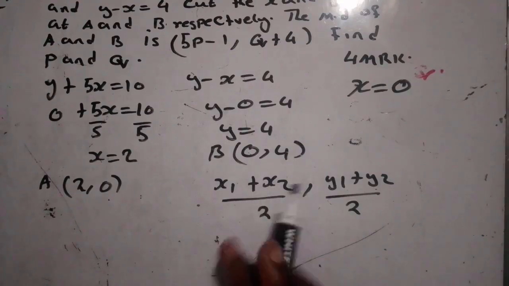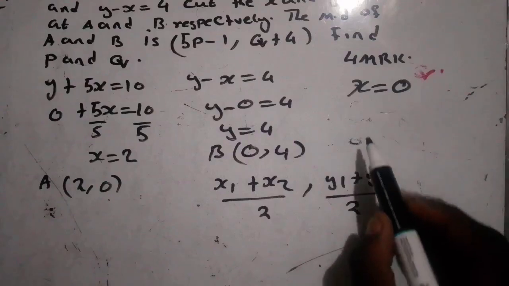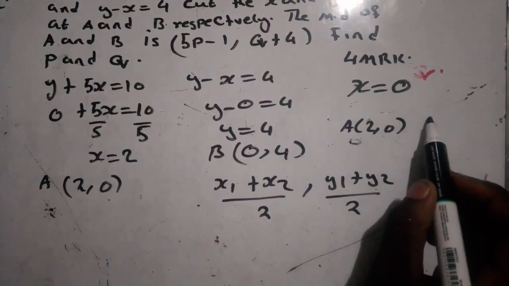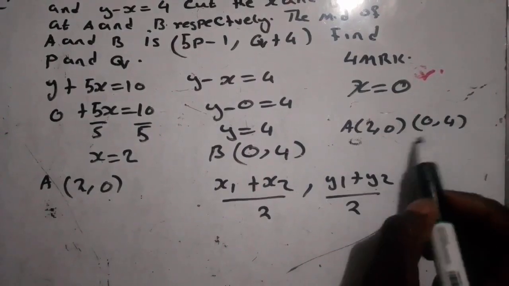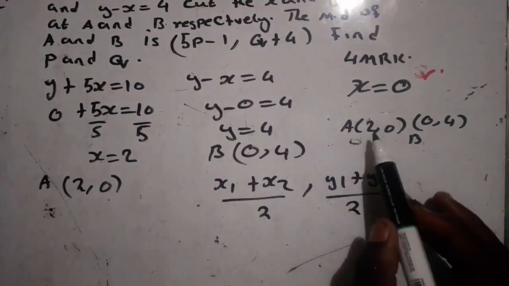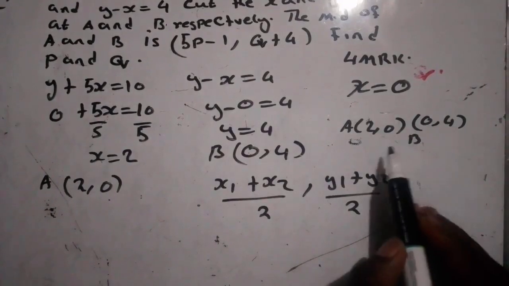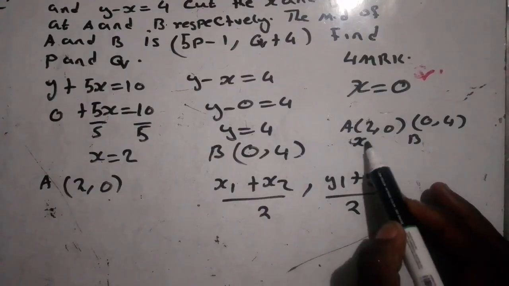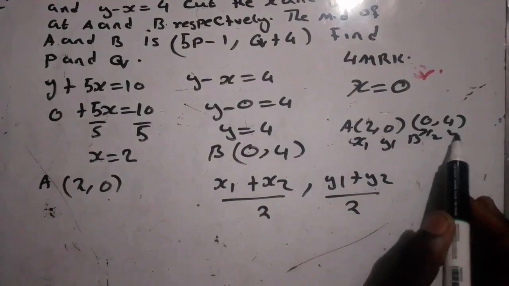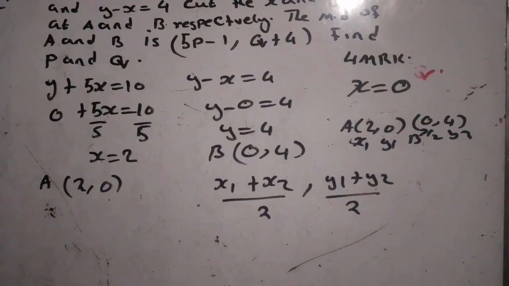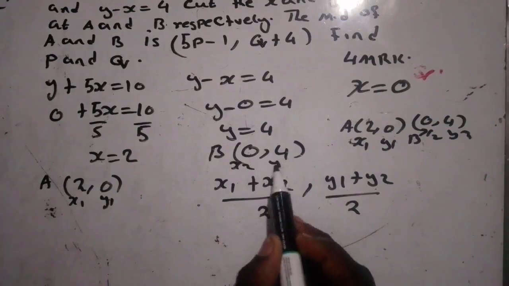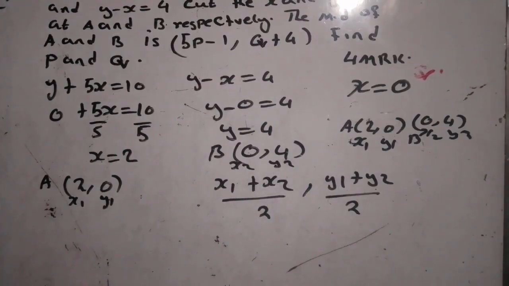So let's now find the middle point. We have two coordinates: A, which is (2, 0), and B, which is (0, 4). The first is x1, y1 and the second is x2, y2. Let's replace in our formula.